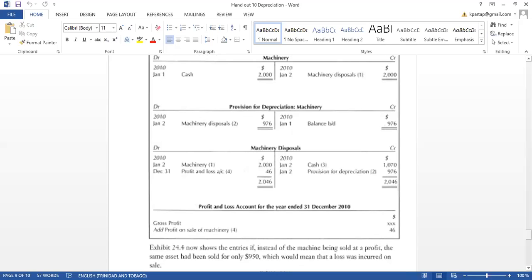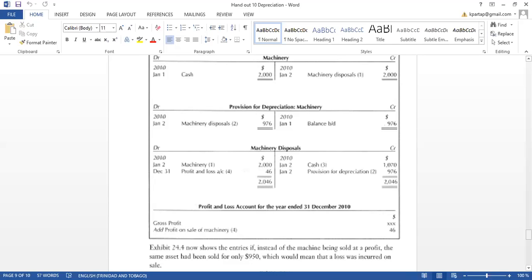That $46 now is a debit here in the machinery disposal, which means it will be credited to your profit and loss account. If it is credited to your profit and loss account, that means it is a profit being added on. If the December 31st profit and loss had actually been on the credit side in the machinery disposal, it would have been debited, which means it would have been a loss.